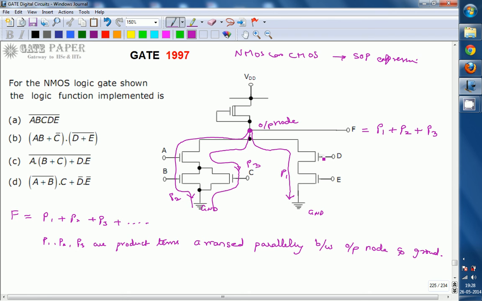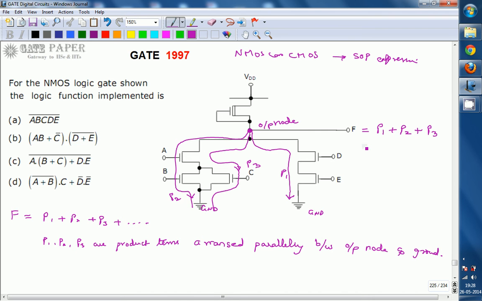D and E are the inputs for the transistors. So D and E get multiplied, and that is the product you get for P1. P1 is a product term formed in that branch. However many transistors there are, those inputs get multiplied. So D and E are the transistor inputs in this parallel branch.